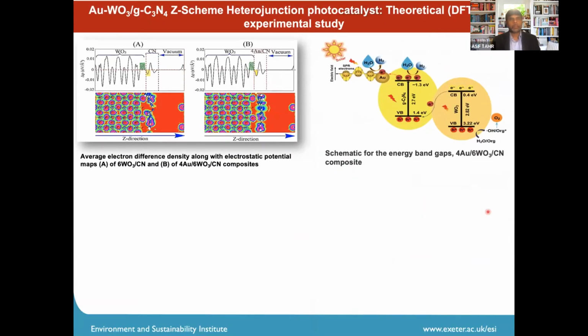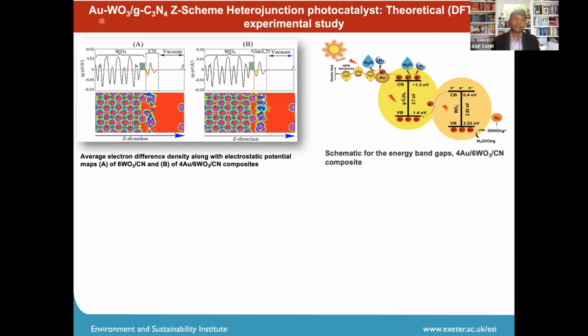Similarly, we also looked at the heterostructures of tungsten trioxide with gamma carbon nitride, using gold as surface plasmon resonance to increase the light absorption efficiency of the heterostructure.